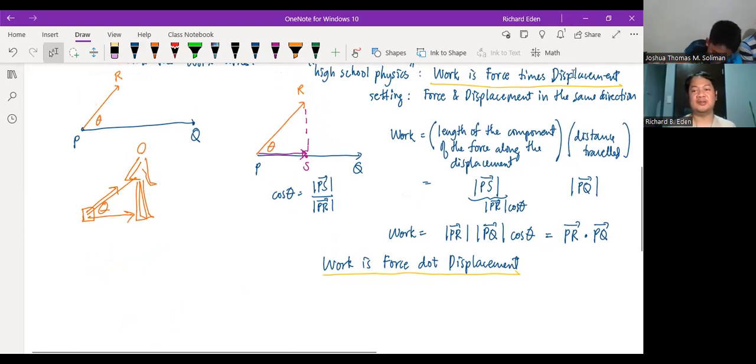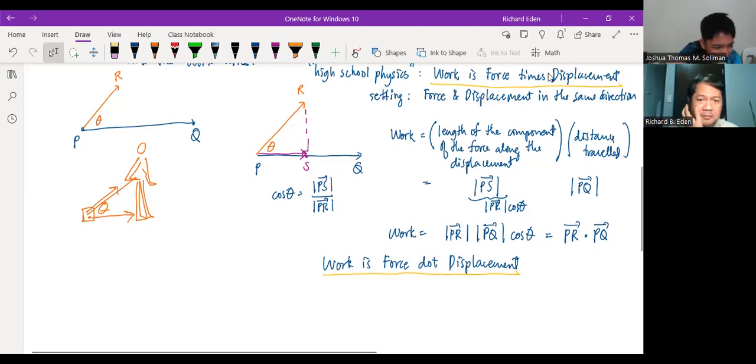There, force times displacement was really all in the same direction, but here this is much more general: force dot displacement. So work is a scalar because it's a dot product, and a dot product is a scalar.